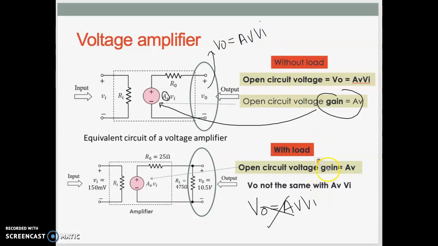So what is the output's open circuit voltage gain? It is the same as what is happening at the dependent source here. This AV we call the open circuit voltage gain. So before you solve the question, check whether the circuit has a load or not. When there is a load, you cannot denote V out equal to AV VI, because there is a load there.